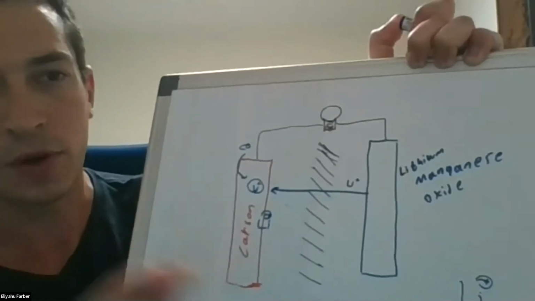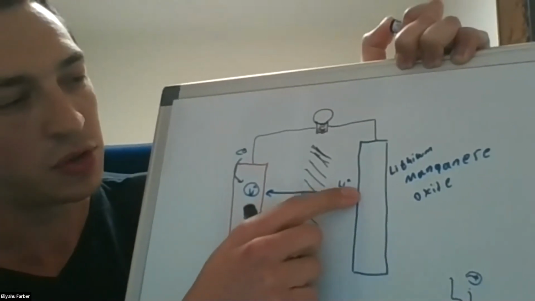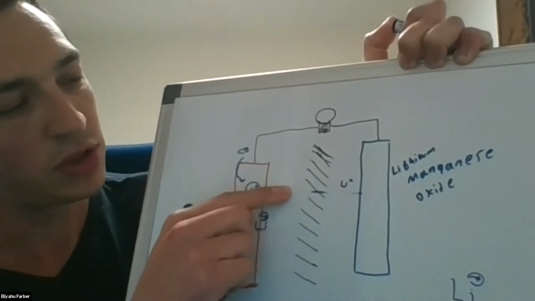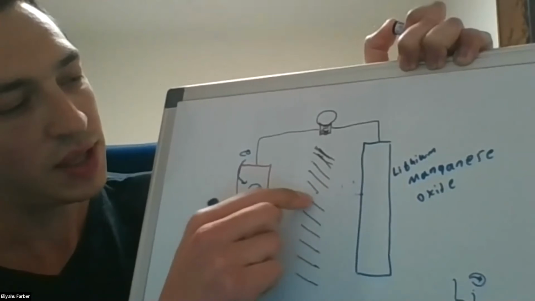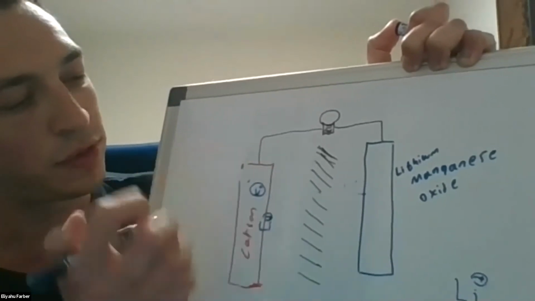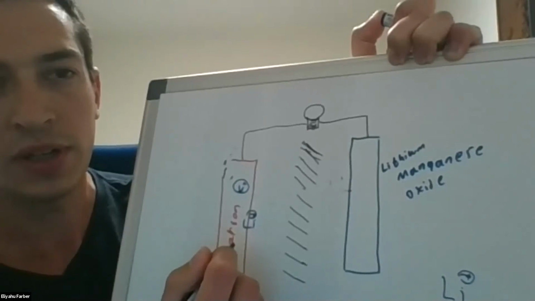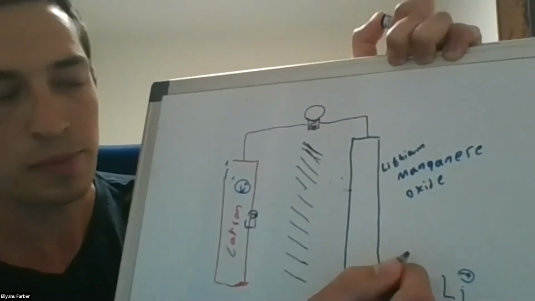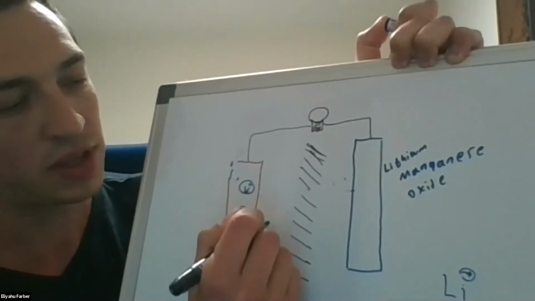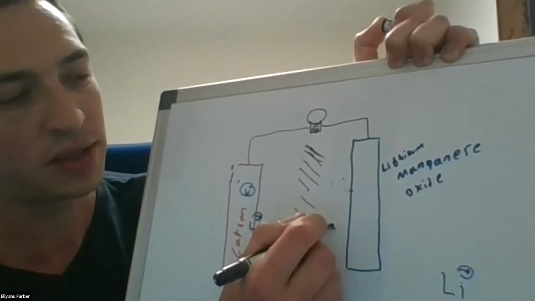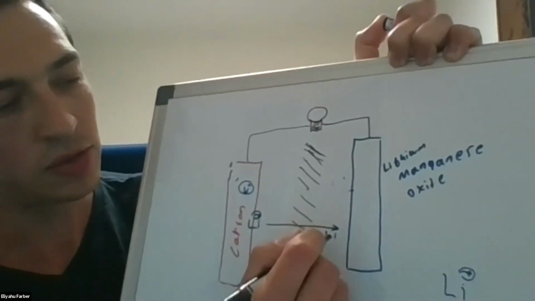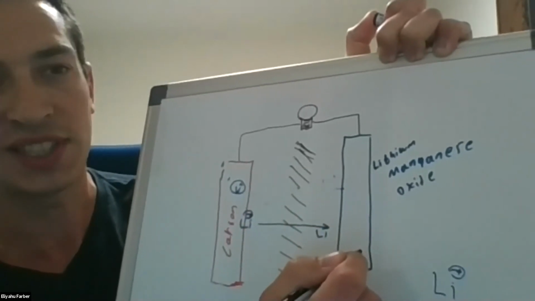Now we have a phone charged 200% and we want to use it. So what we do is the exact reverse thing. The lithium that is inside the carbon wants to travel back. So all of these lithium ions start traveling back and going back into the manganese oxide.